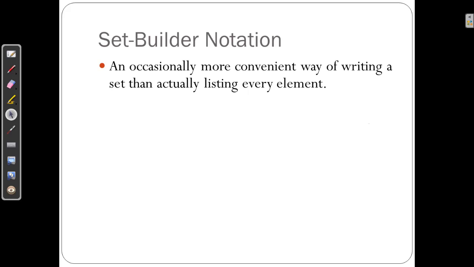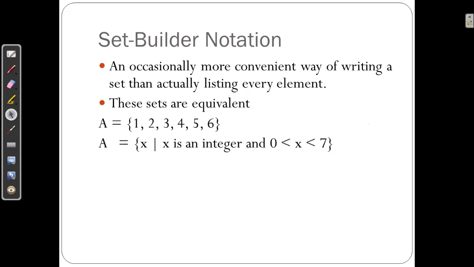Well, it might be better to look at a shorter way of writing it than individually listing every one of the 100 elements whenever you want to deal with it. Instead, you might use something more like this. This is called set builder notation, and it makes use of a condition to describe a large set of numbers, or at least a set of numbers.